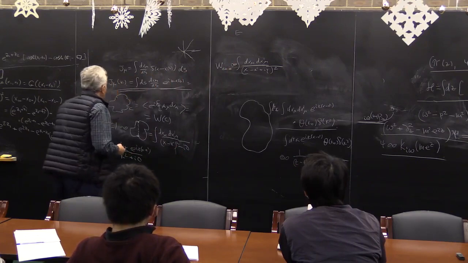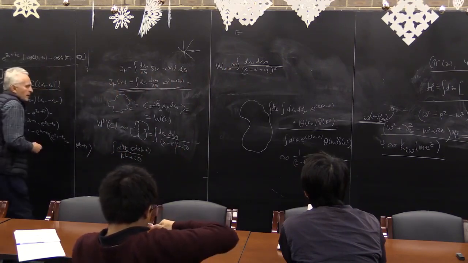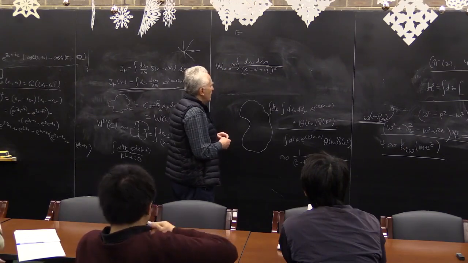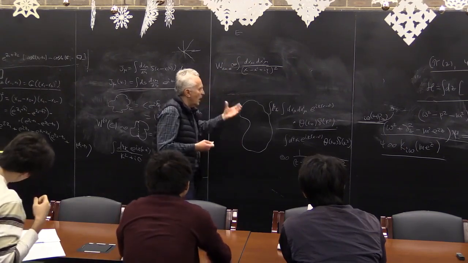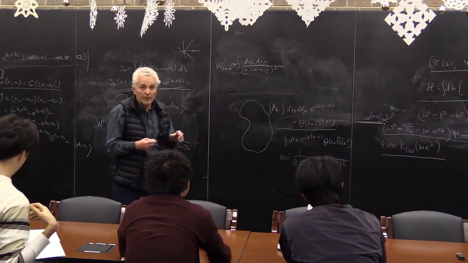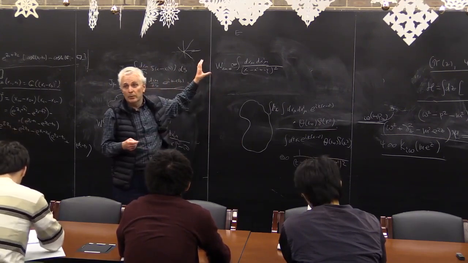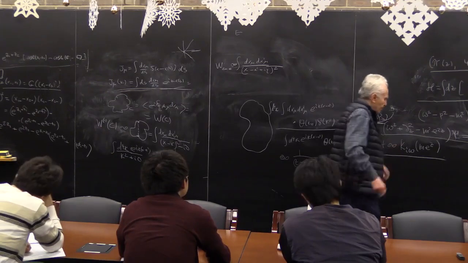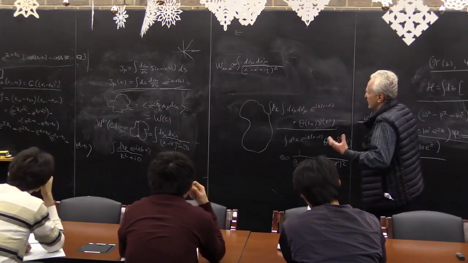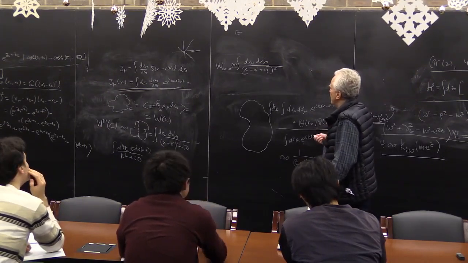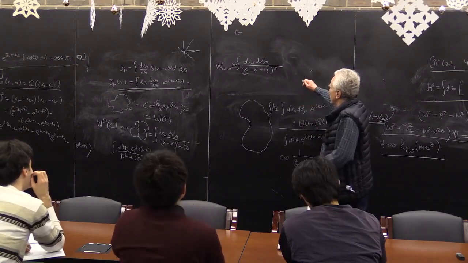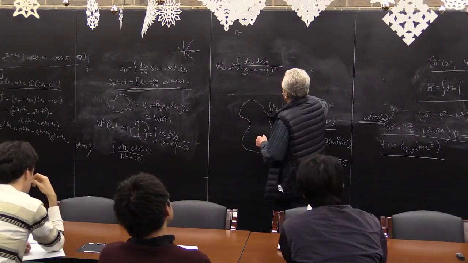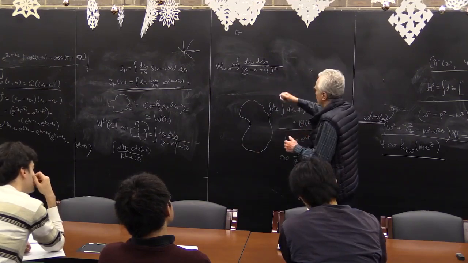And now we can also calculate very easily how much energy was emitted. We will use this formula to calculate the radiation damping for the moving particle.